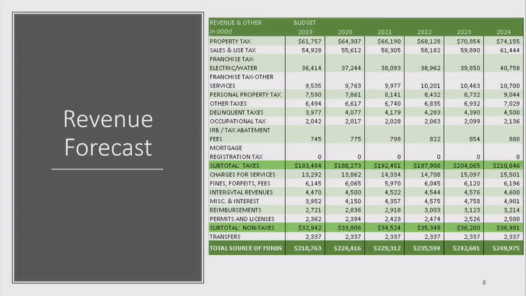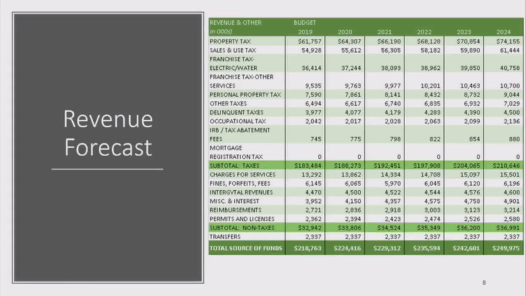For sales tax, for 2020 and 2021, we've estimated about a 1.2% increase, and then a 2 to 3% increase in the outer years. For franchise taxes, it's about 2.5% for all of the forecasted years. And then charges for service is about 4.3% in the first year, and then 2 to 3% in the next years.